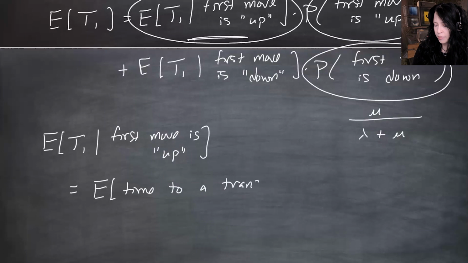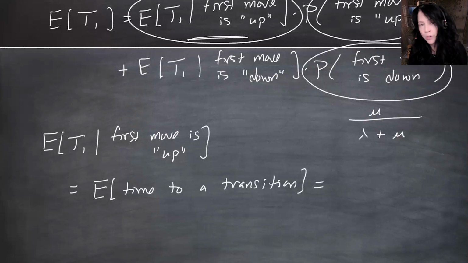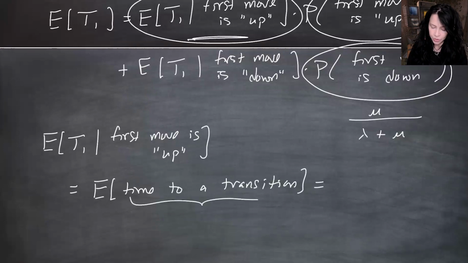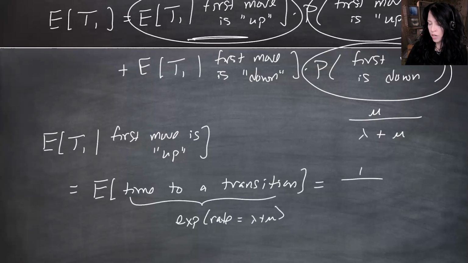We already know it's up, so we just need to know when the transition occurs. Because the time of the next transition is the minimum of an exponential with rate lambda and one with rate mu, it is exponential with rate lambda plus mu. So this is 1 over lambda plus mu.